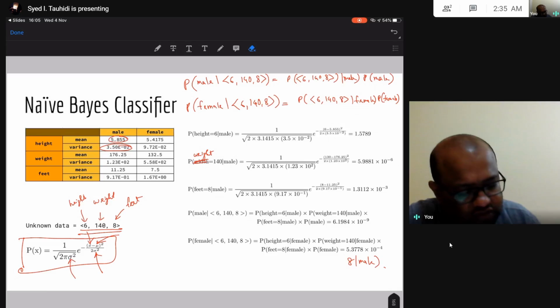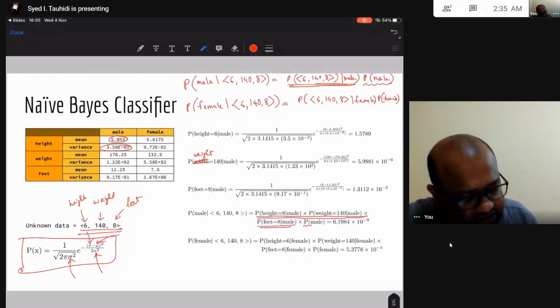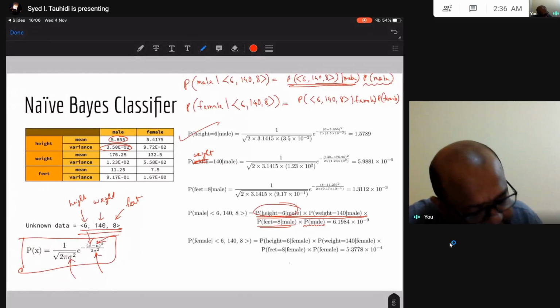So we can multiply the probabilities of the individual features to get the joint probability. So this probability is going to become this, and this is going to become this. This I am getting from here, this from here, this from here.